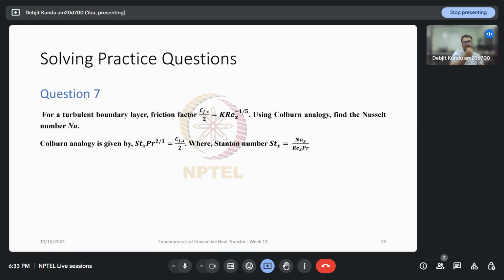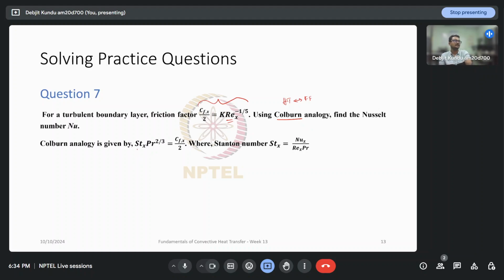Move on to question number 7, where it's telling us that for a turbulent boundary layer, the friction factor is given by such a form, where it's related to the Reynolds number in this way. We have to use the Colburn analogy, which relates heat transfer to fluid flow, and find the Nusselt number.